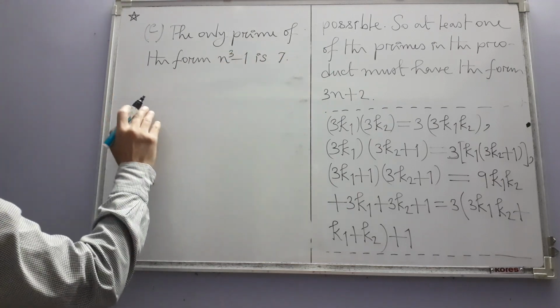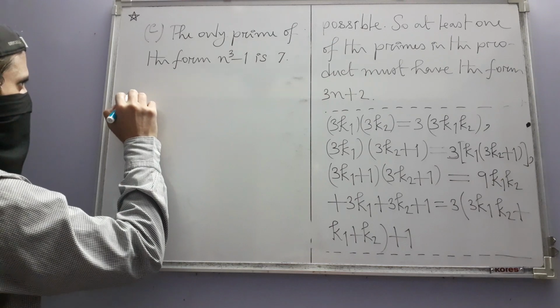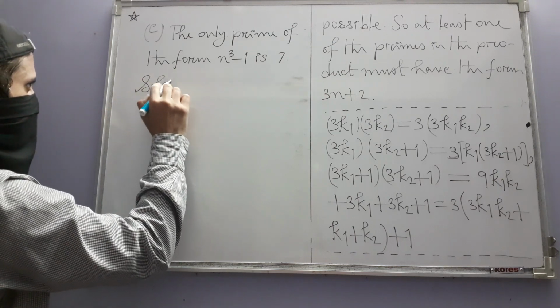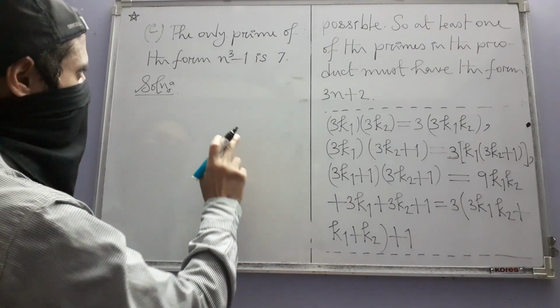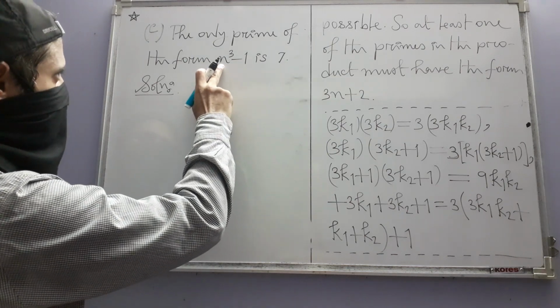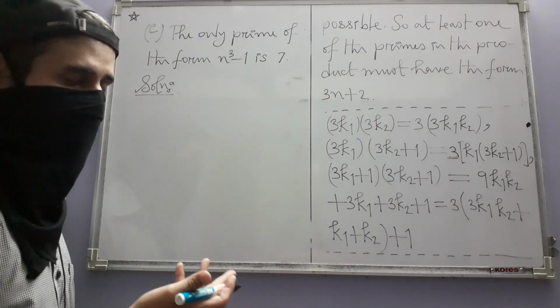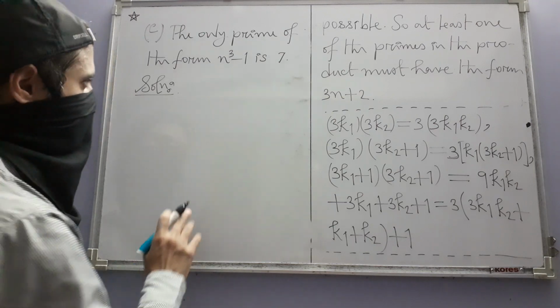There is a hint also, but it's very easy. It is something we already know, that is the factorization of n cube minus 1 from elementary algebra.